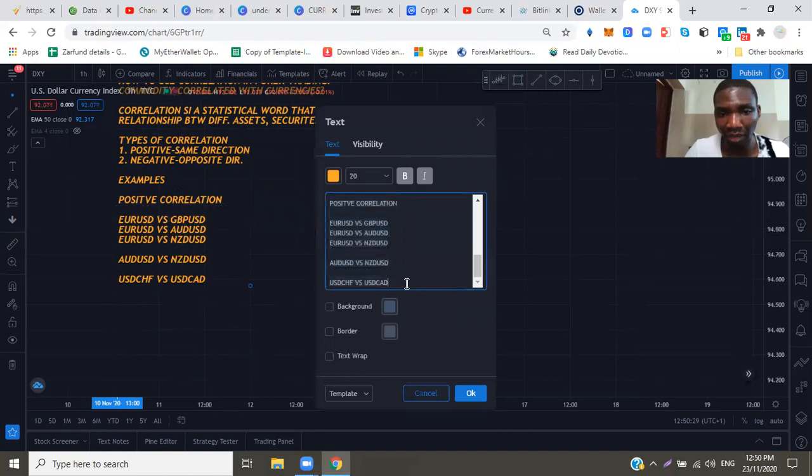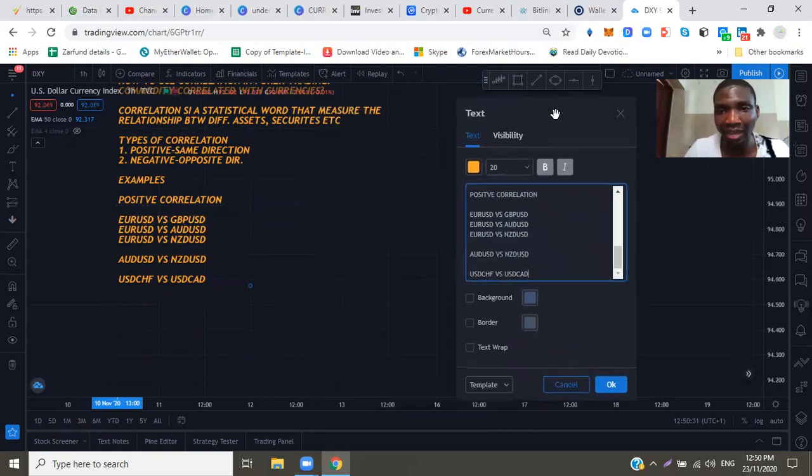Whenever any of these assets is buying, you expect the other one to buy. Whenever any of these assets is selling, you expect the other one to sell. That's why they are positively correlated. They go in the same direction most of the time.